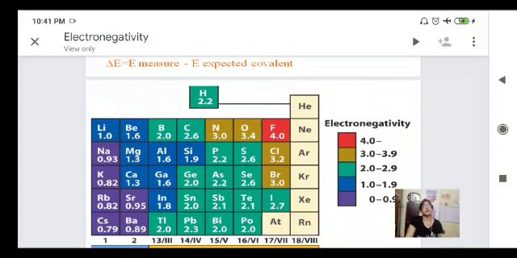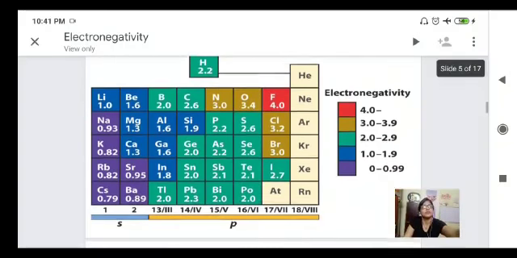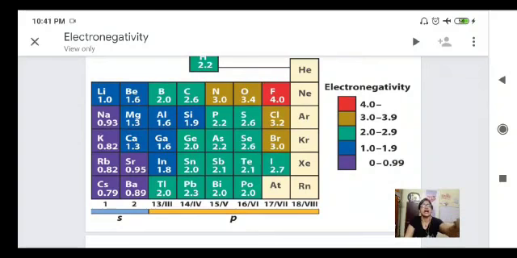Now, this is the pictorial diagram, the periodic table. Here we can see the highest electronegativity is that of fluorine, and the lowest electronegativity, shown in purple, is that of cesium. So from this picture we can understand that in the periodic table the most electronegative element is fluorine and the least electronegative element is cesium.